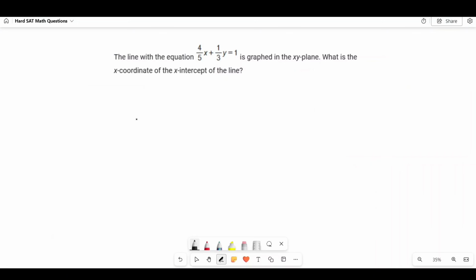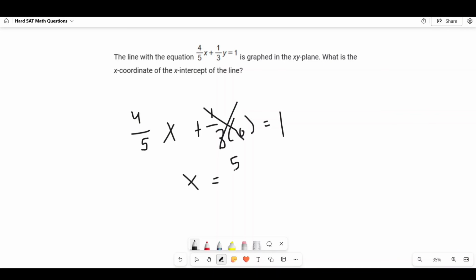But to do this the traditional way, in order to find the x-coordinate of the x-intercept, we always set y equal to 0, and that will cancel out. So we are left with 4/5 x equals 1, and you just multiply by the reciprocal of 4/5, which is 5/4, and that will give you x equals 5/4.